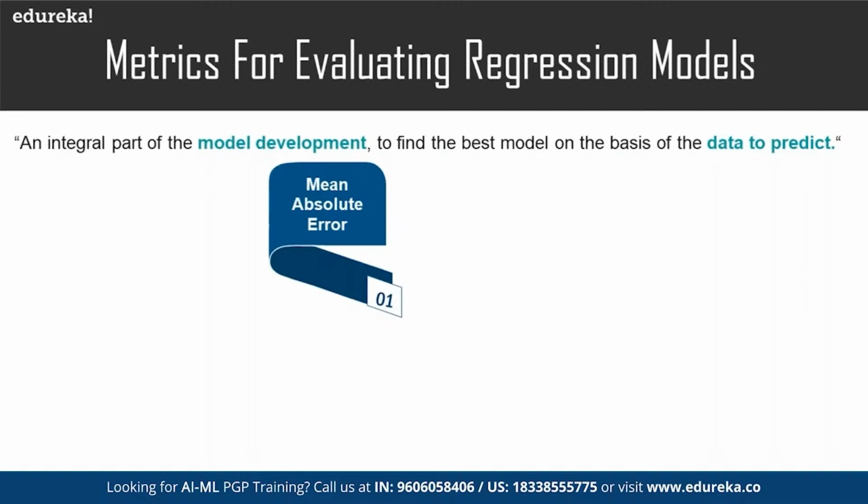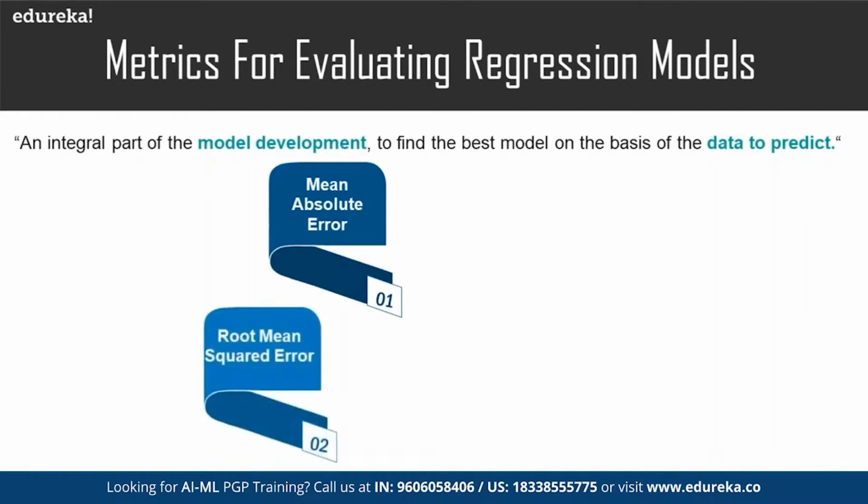So the next one, the mean absolute error, is again such an important metric we could call, and root mean squared error, or RMSE in short, and mean absolute error, MAE in short. And again, we have mathematical formulas given for all of these, and RMSE is the predominantly and most used error metric while we go about evaluating the regression model.